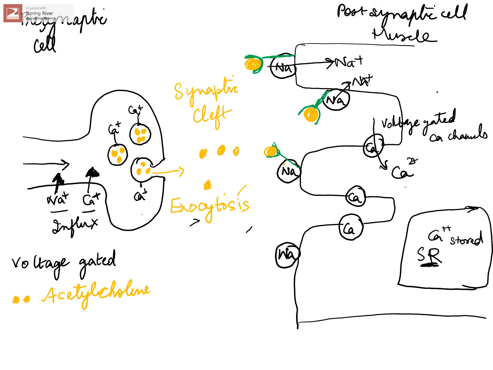When we have enough calcium ions inside the muscle cell, these calcium ions bind to receptors on the sarcoplasmic reticulum. The sarcoplasmic reticulum opens up some channels and releases a whole bunch of calcium ions into the muscle cell.